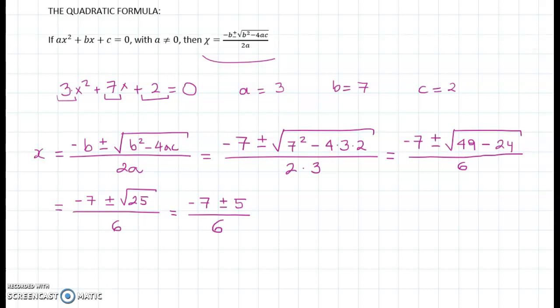The plus minus is saying that we have two options. One option is going to be negative 7 plus 5 all divided by 6. And the other option is going to be negative 7 minus 5 all divided by 6.